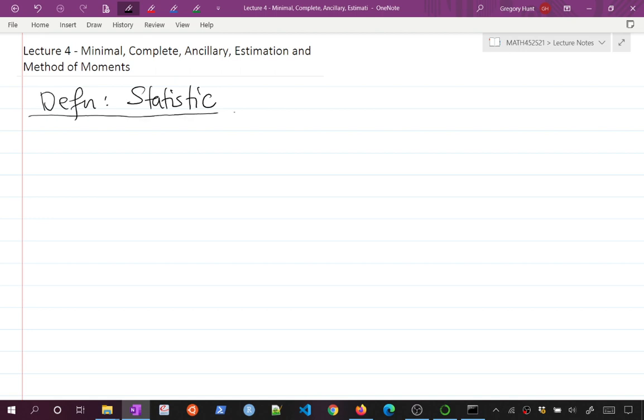So the original definition we had given of a statistic was just some function of the data. And I want to refine that a little bit more. So our setup is that we have some random sample from some distribution, f, and f is parameterized by a parameter theta, and theta lives in some universe of possible thetas, we'll call capital Theta, and theta is unknown.